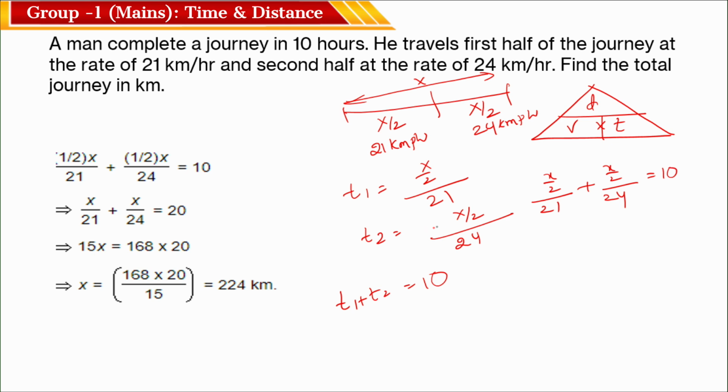You can multiply the whole equation by 2, then it becomes x by 21 plus x by 24 equals 20.